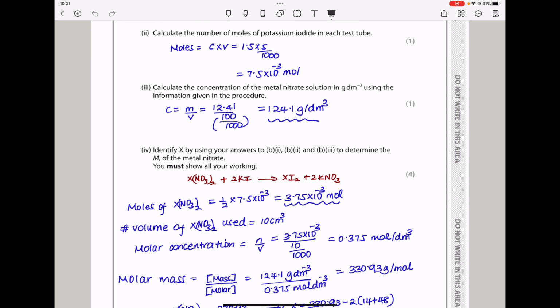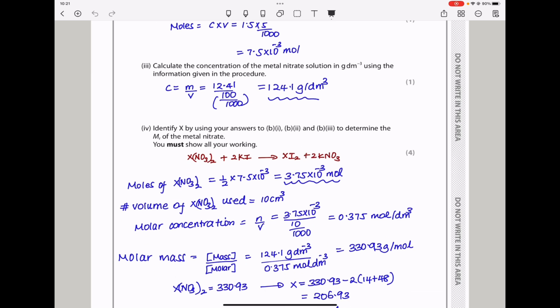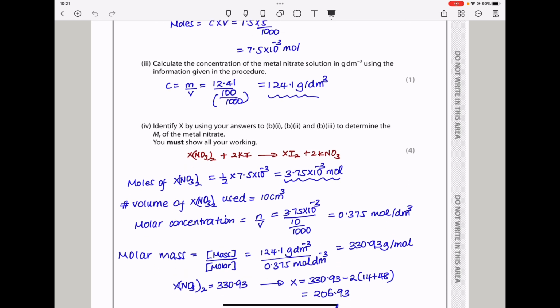And down here they say, identify X by using your answer in B1, B2, and B3 to determine the MR of the metal nitrate. You must show your working. So here I rewrote the equation to avoid going back to the previous page. Now using the information I've already calculated, I wanted to use the moles of potassium iodide that reacted because we know that this got finished to find the number of moles of this that were reacted.